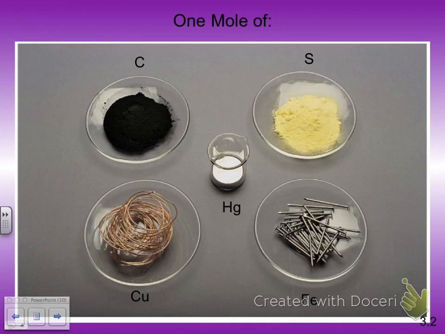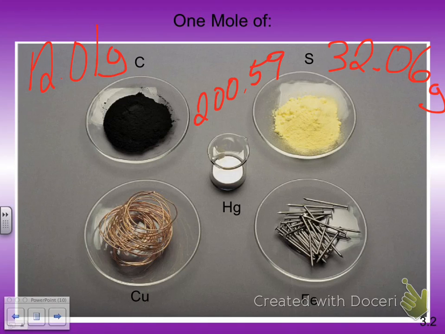So how many grams would that be? Well, for carbon, 12.01. We said that on the previous slide. Sulfur, 32.06. Mercury, 200.59. Copper, 63.55. And lastly, iron, 55.85.